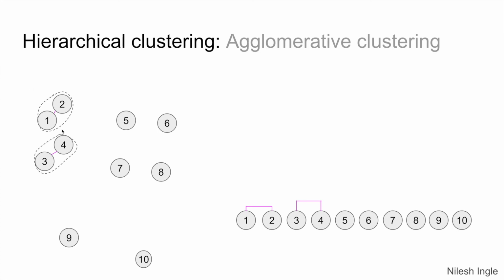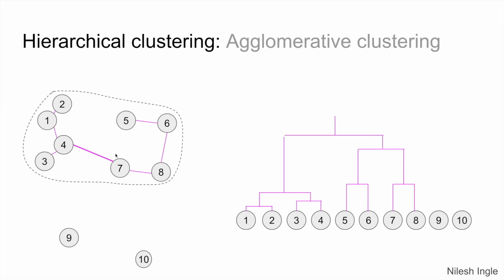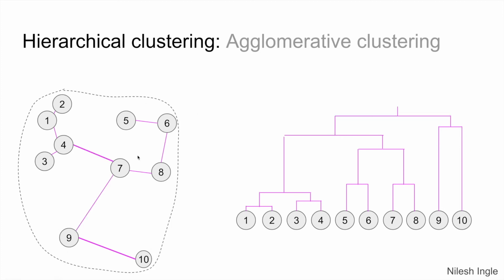So then we connect these two clusters by this line, and so that becomes one large cluster, and we see the line here. Next we connect these two data points, they form two more clusters, and then those are connected to form a much larger cluster, and then these two clusters can be connected, so we get this particular tree going on the right hand side, and then we find this cluster here, and finally collect all the clusters.